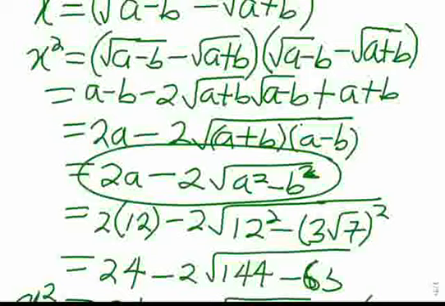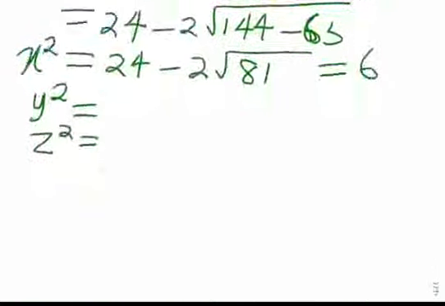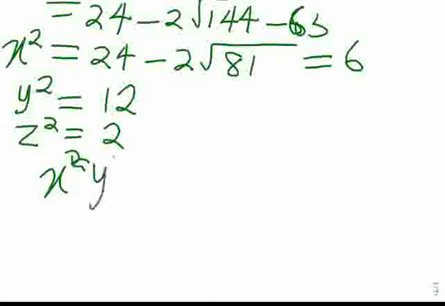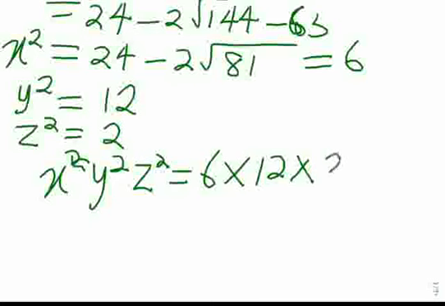If you do that, the value for y squared you get 12, and the value for z squared you get 2. So as you can see, x squared multiplied by y squared multiplied by z squared, that is 6 for x, 12 for y, and then 2 for z. If you multiply these three together, you will have 144.